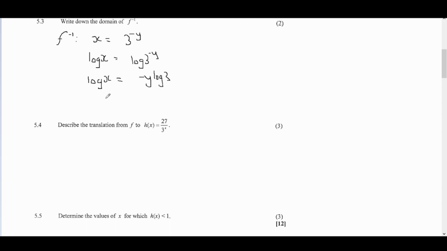We're still continuing to solve for y, so we divide by everything else, so it becomes y equals negative log of x divided by log of 3. And this log of 3 is just a number, so it's basically a coefficient, and all we're left with is negative log of x.